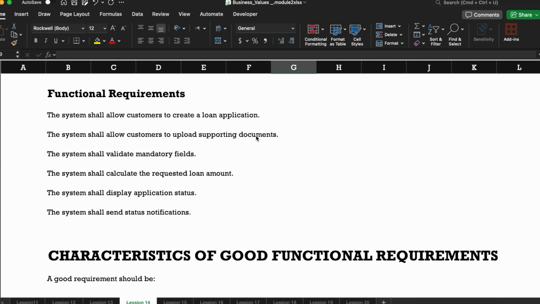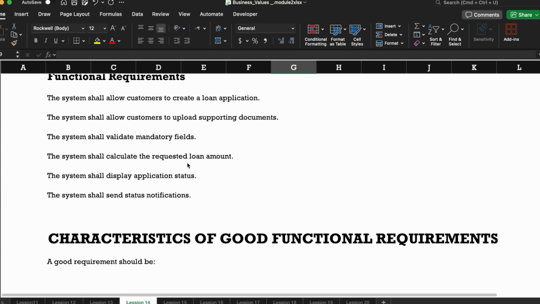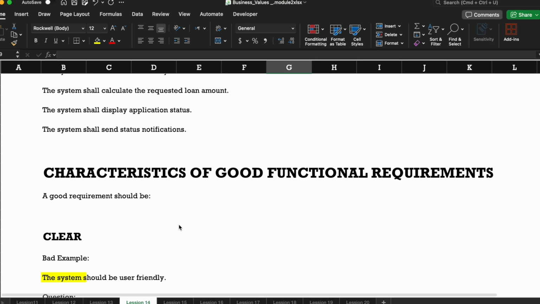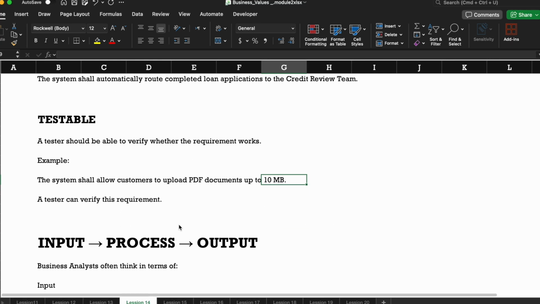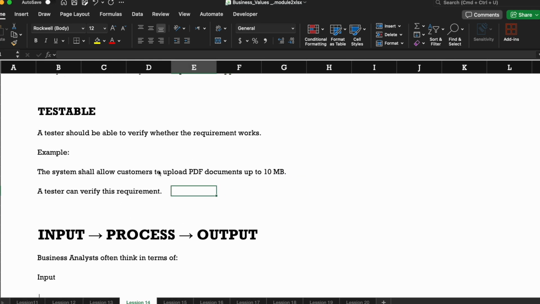So this is a vague requirement. A tester can test, but he cannot test specifically. So even though you capture it as a functional requirement, you have to be more specific. You have to mention what document we need to allow and how many, and what the format is. So it's PDF, and up to how many MB.